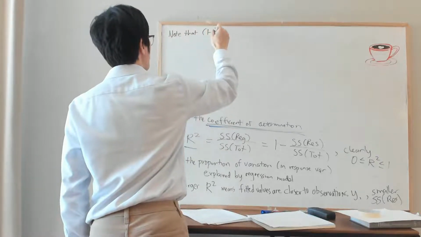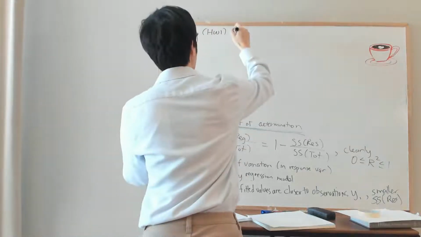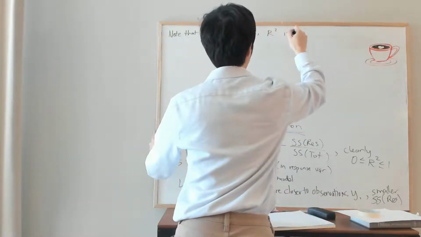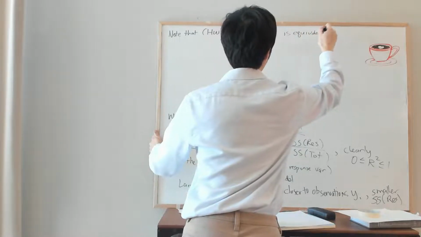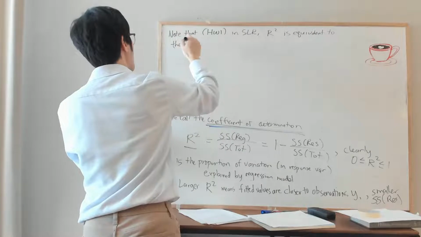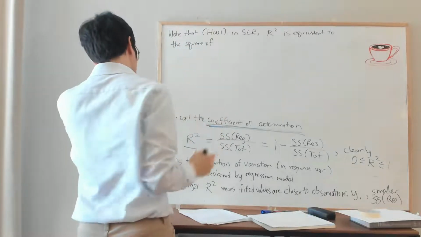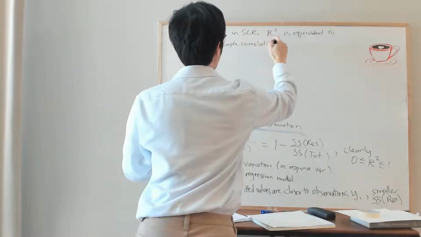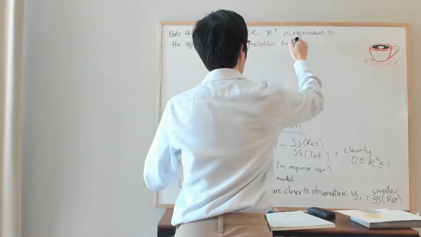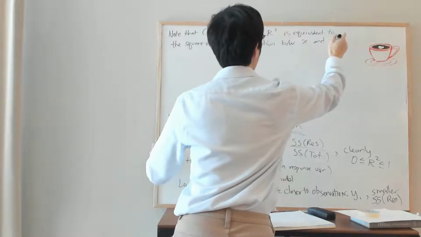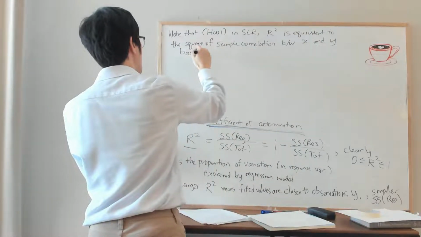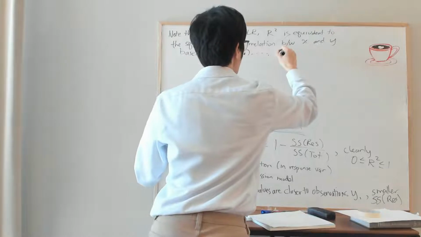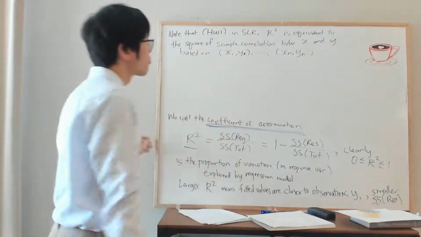See here again from your first homework: in the simple linear regression case, R squared is simply equivalent to the square of the sample correlation between x and y based on the sample, x1, y1 up to xn, yn.